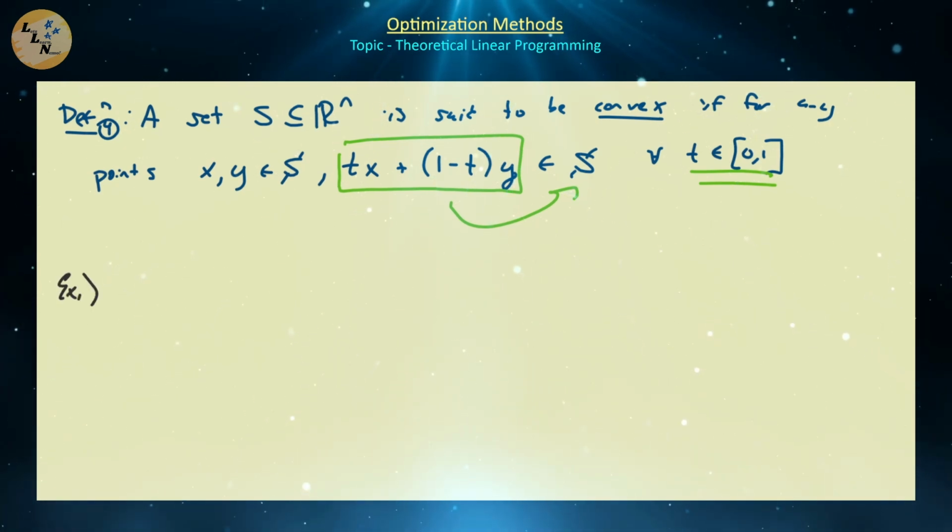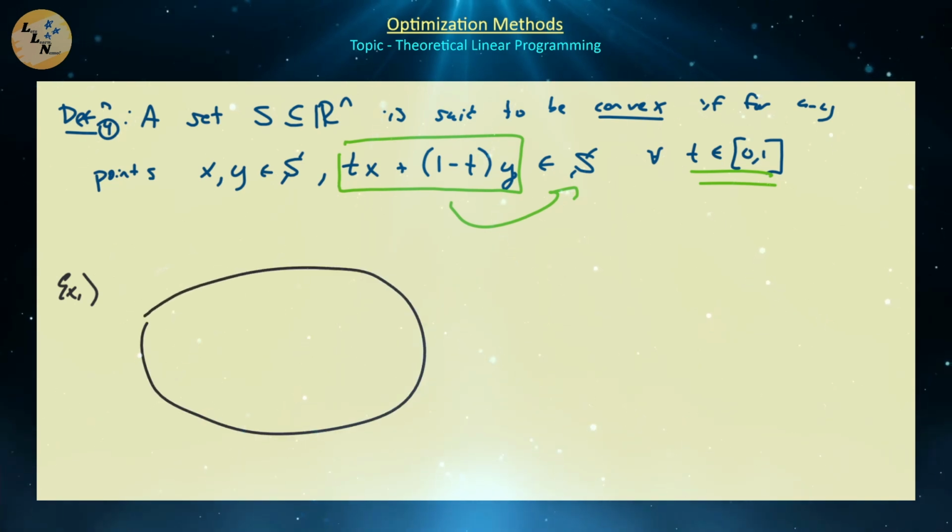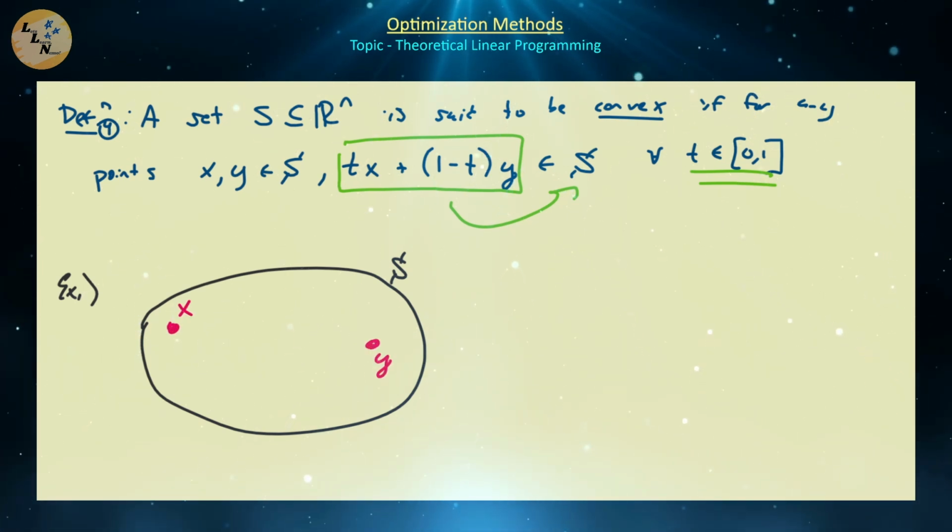Right, so example 1. Let's assume we have this little egg-shaped set. Let's assume that this is S. Let's pick any 2 points, for example, x here and y here. So is S a convex set? Pick any 2 points, and it has to be true for any 2. This is the equation of a line.